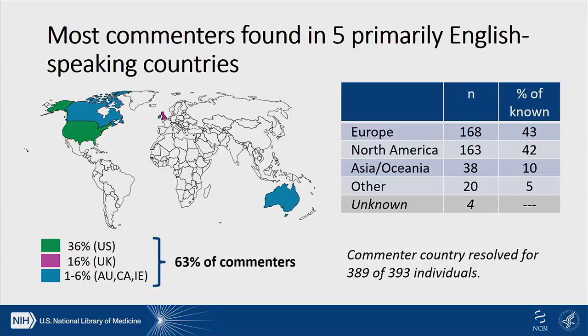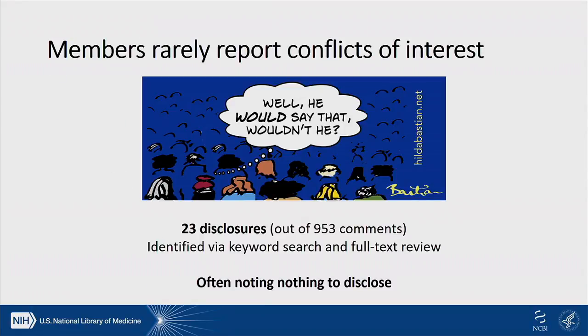Together, commenters from Europe and North America were 85% of that commenting population. And then we also took a look at the comment text to see how often people disclosed conflicts of interest. Out of those 953 comments, we identified 23 disclosures. And often those were basically just notes to say, I have nothing to disclose, or I have no conflict of interest.